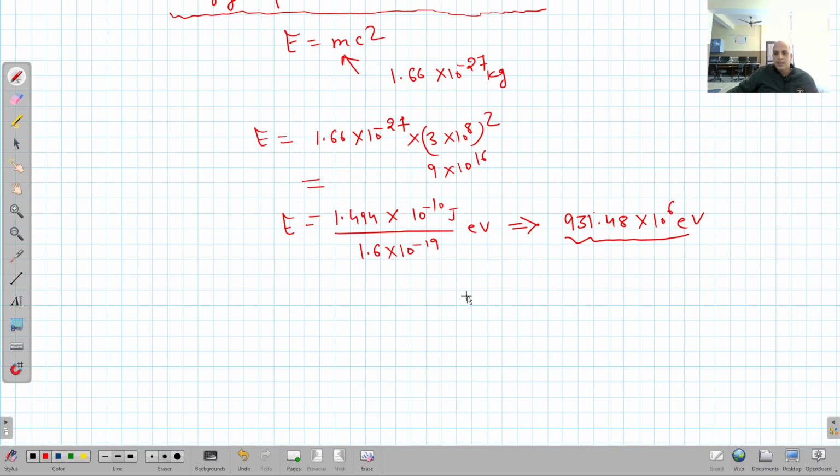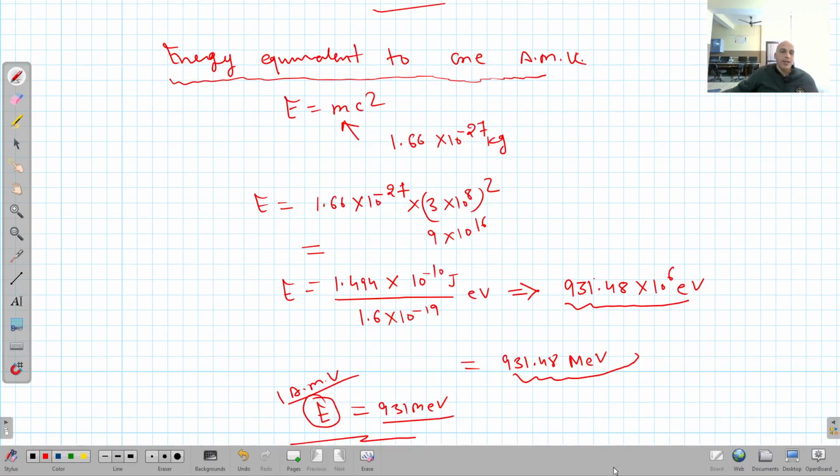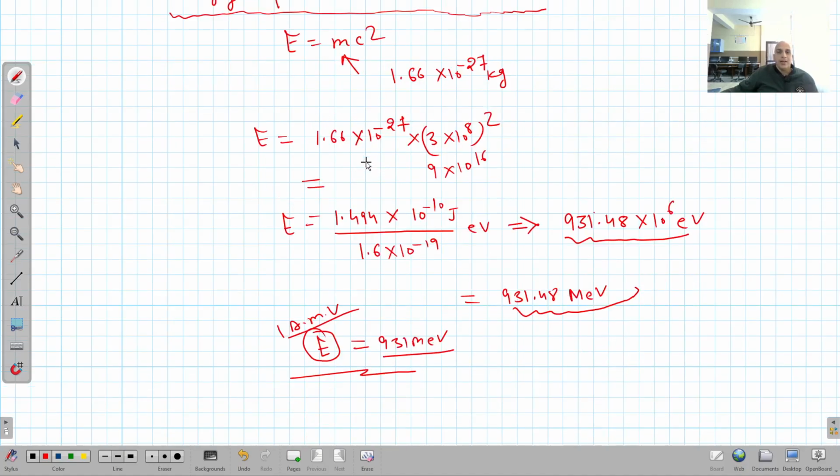So I can say it as 931.48 mega electron volt, or commonly we take energy as 931 mega electron volt. So this is the energy equivalent to 1 AMU, right? How did we calculate it? We simply calculated it by putting the value of m in this energy mass equation, and then we found the energy in units of joule.